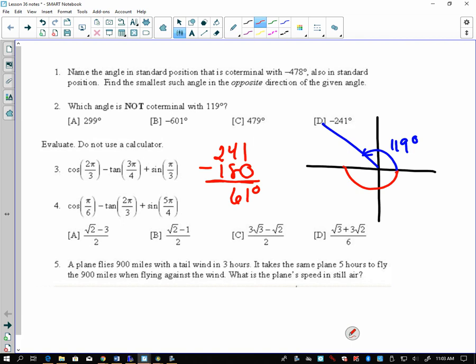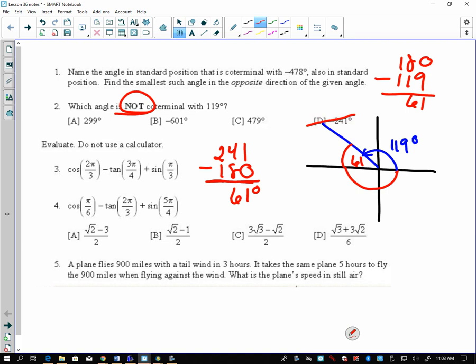Well, if this distance here gets me to that, what is the reference angle? If this is 119, we would do 180 minus 119. Okay, so that reference angle is 61. So is negative 241 coterminal? Yeah, that's coterminal. So we're going to count that one out because we're looking for the one that is not coterminal.